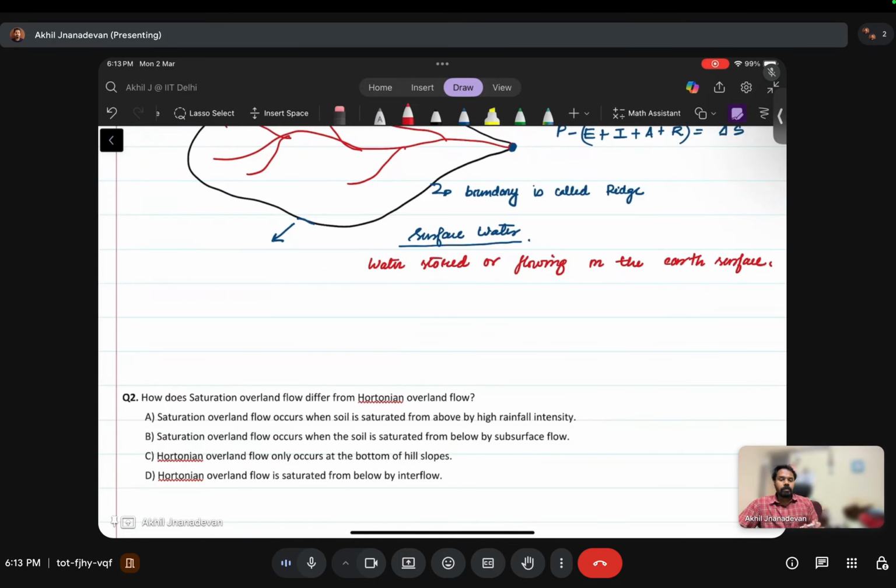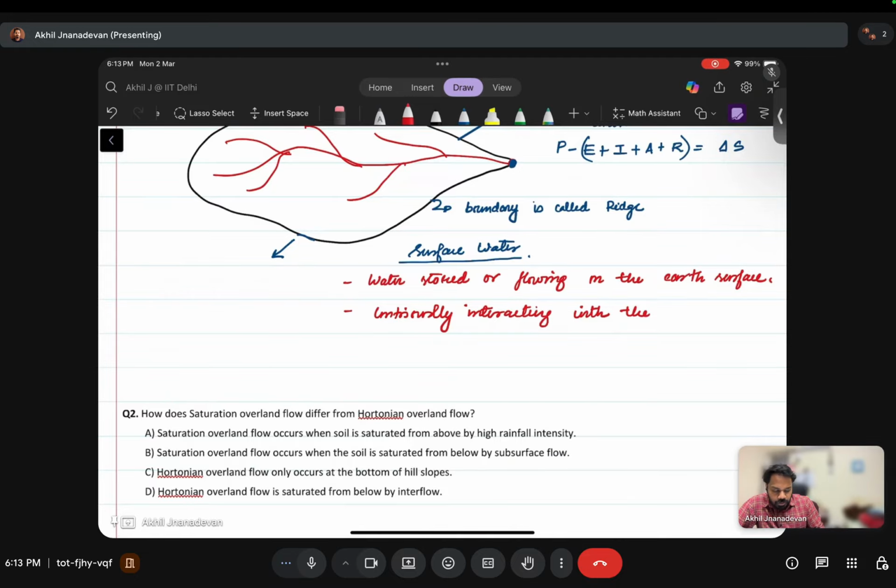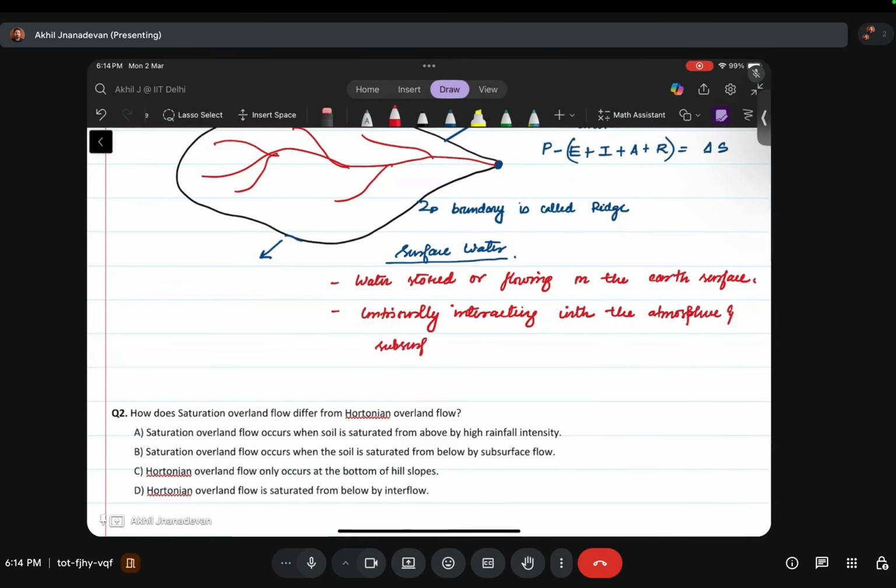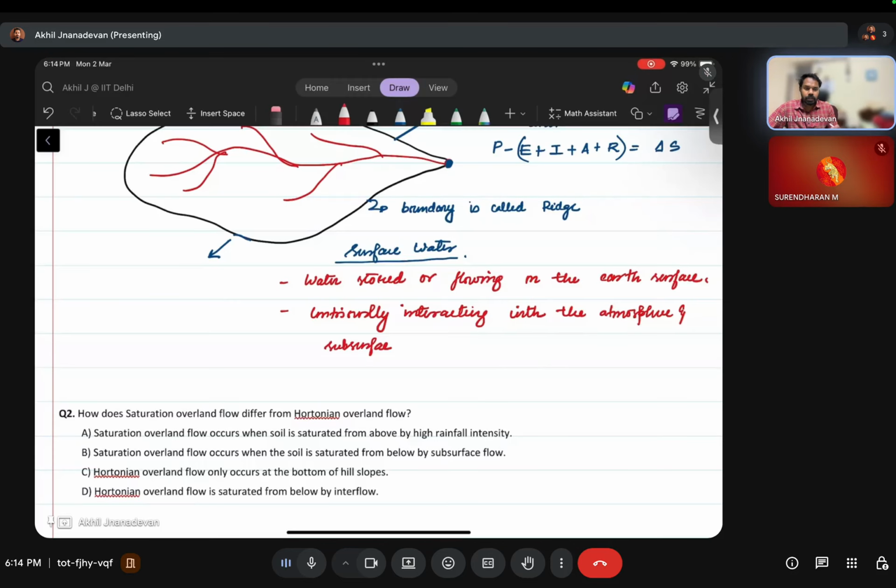Why surface water is so important is that it is continuously interacting with the atmosphere and the subsurface, right?